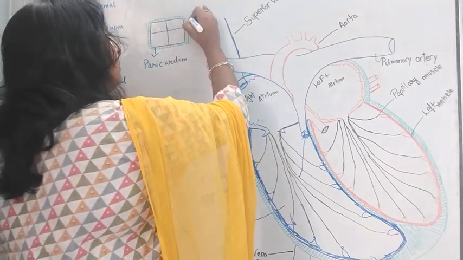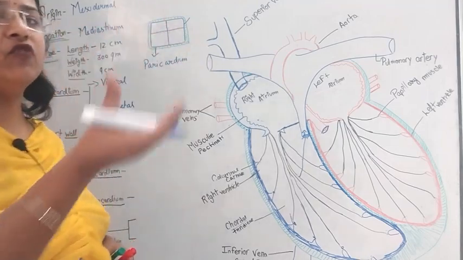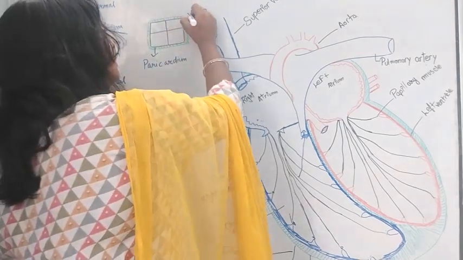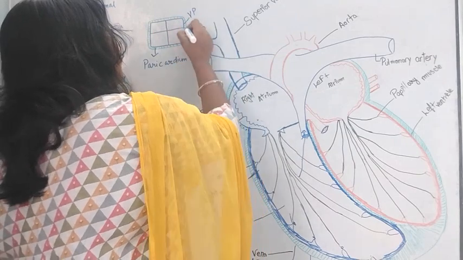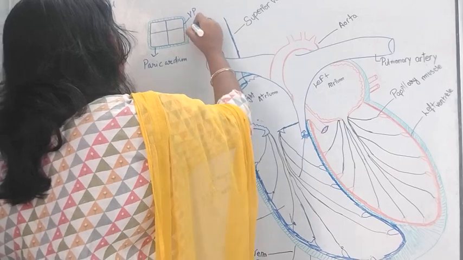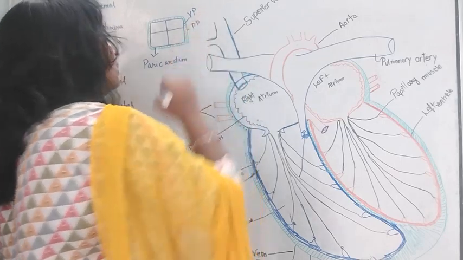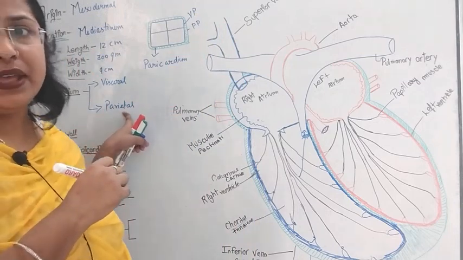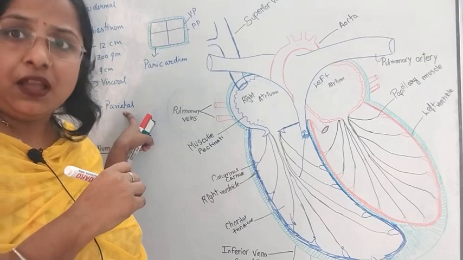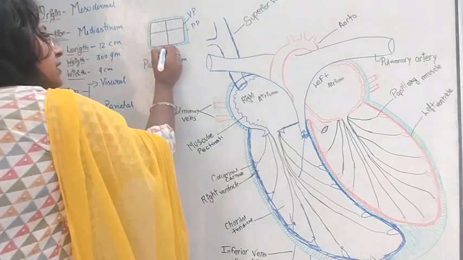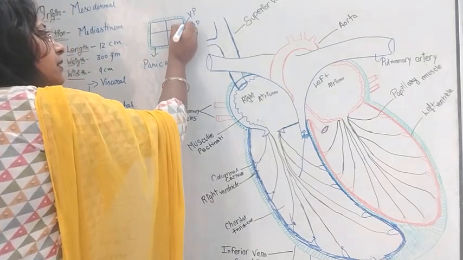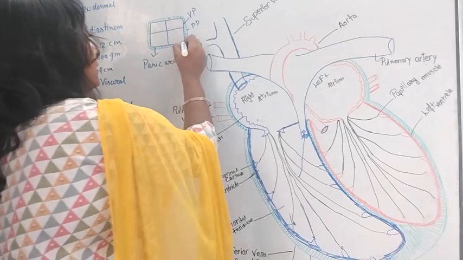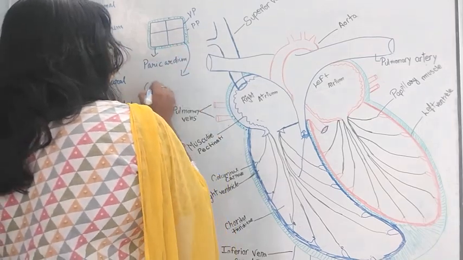Visceral pericardium is just close to the heart wall, meaning the inner one is the visceral pericardium, and outside this is the parietal pericardium. Between the visceral pericardium and parietal pericardium there is a cavity, which is indicated by this green color. This cavity is known as the pericardial cavity.